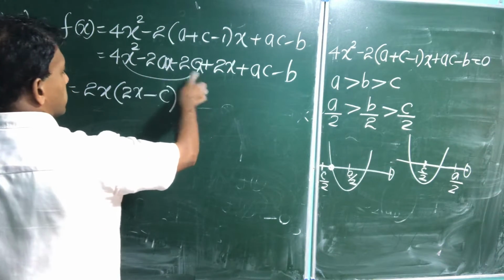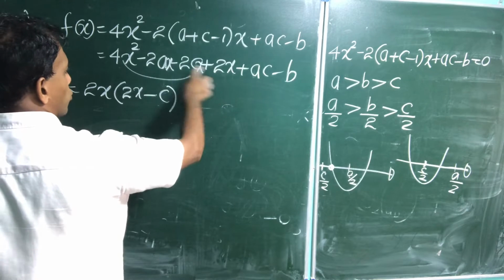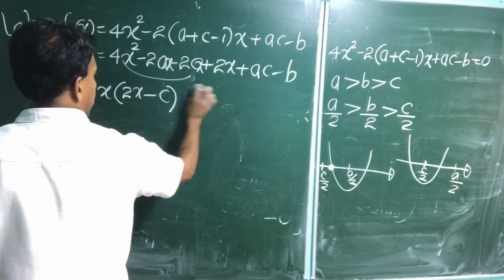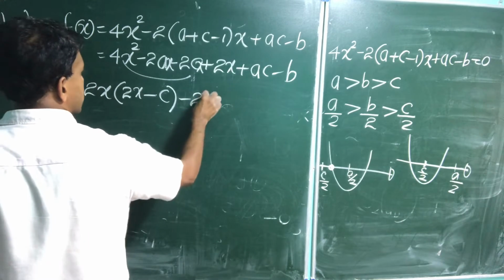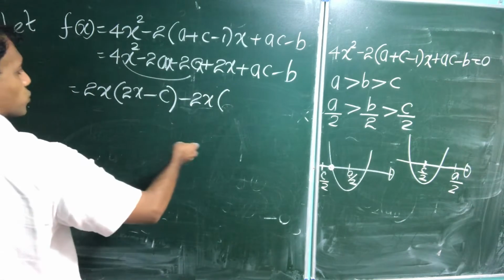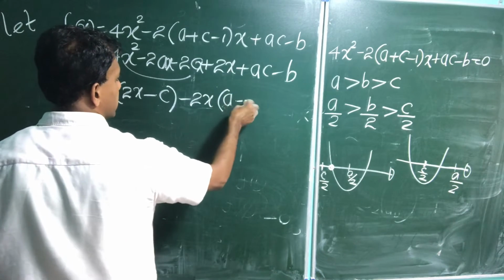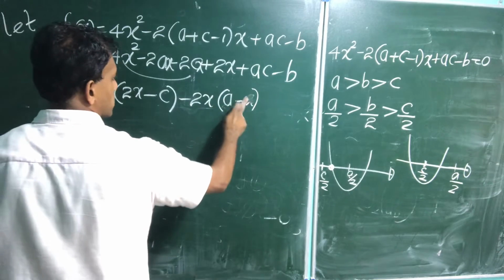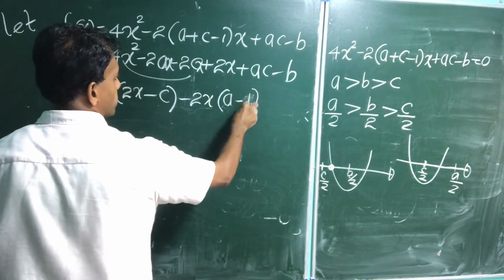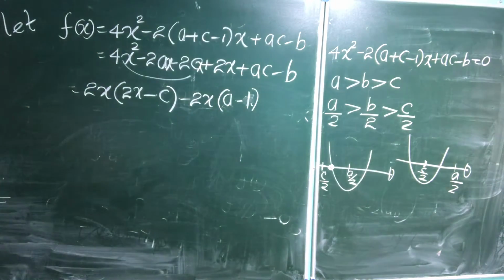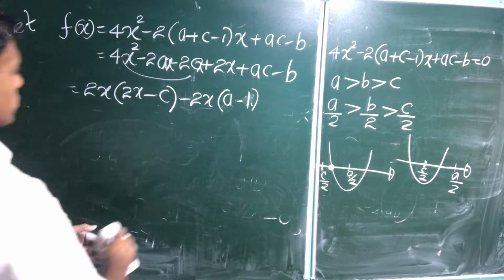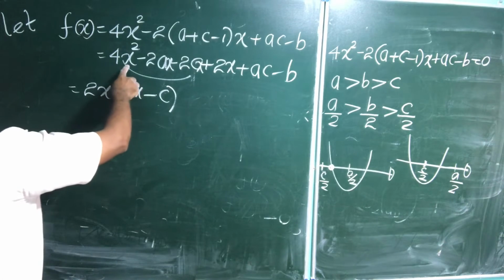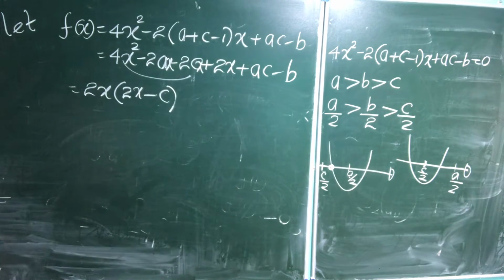and take this part here, take the positive 2 out, okay, minus, take the minus 2x out, a minus x, a minus 1, 2x minus c. 2x is wrong here. 4x, 2x minus c.